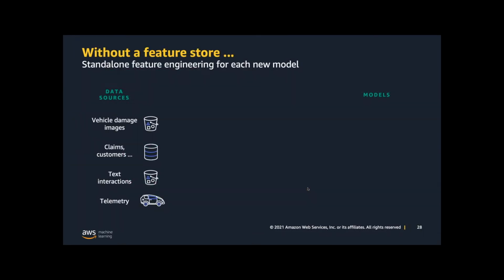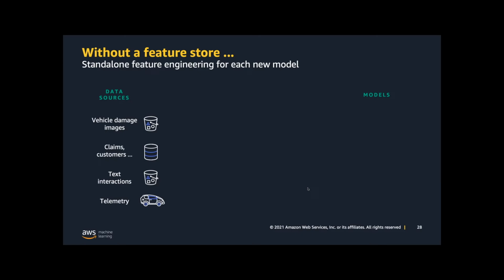But the point is, let's say you're building a machine learning model for automotive insurance claims processing, as I just mentioned. You have to find multiple data sources like vehicle damage images, claims, customer data, text interactions, and telemetry data provided by the sensors installed in the cars.